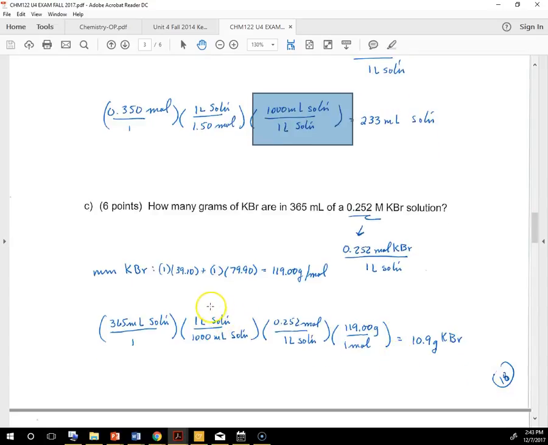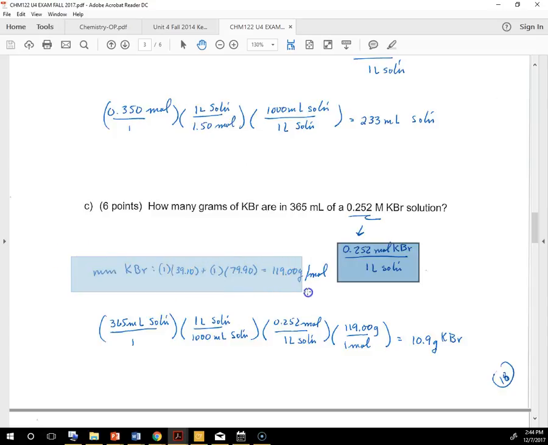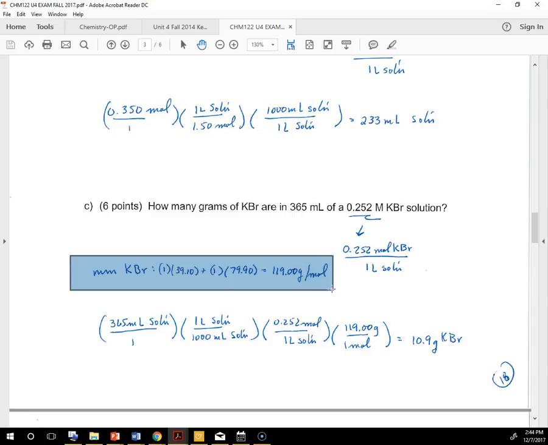So in this last one, again worth 6 points, it says how many grams of KBr are there in 365 milliliters of this molarity of solution. So again, I unpack that 0.252 big M. What does that mean? It means 0.252 moles of KBr for 1 liter of solution. To work this problem, I am going to have to use the molar mass of KBr. So there it is, 119.00 grams per mole.